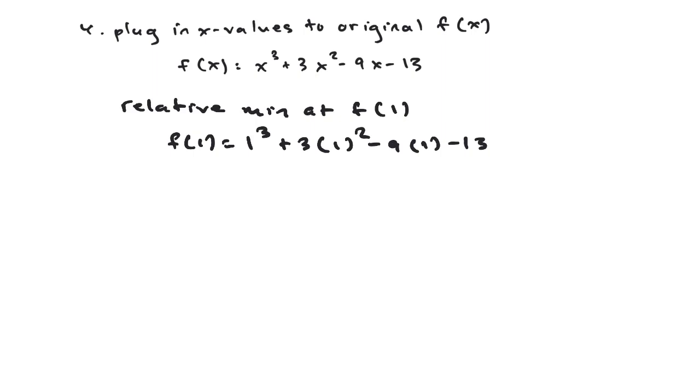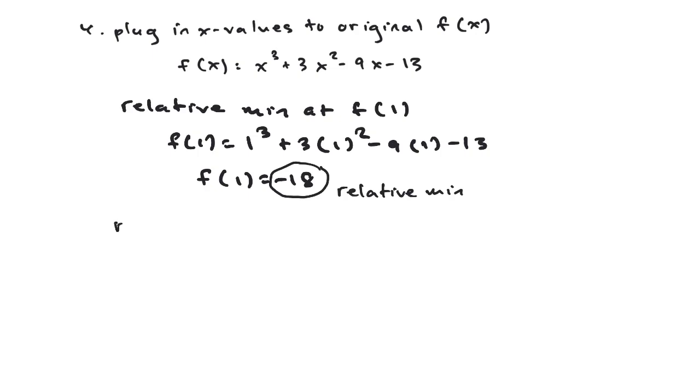All right, and you can plug that into your calculator and you get f of 1 equals minus 18. Okay, so this here, the y value, is what we're in this case going to say is the relative min. So it's important to remember that when it asks for the relative min, it's asking for the y value.